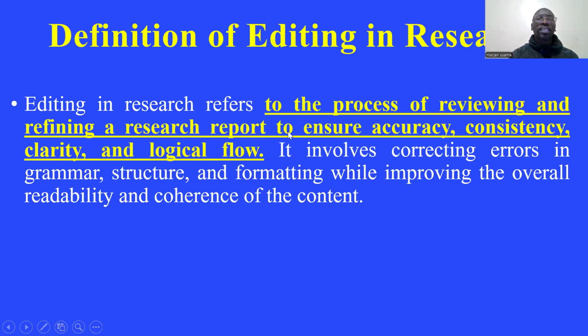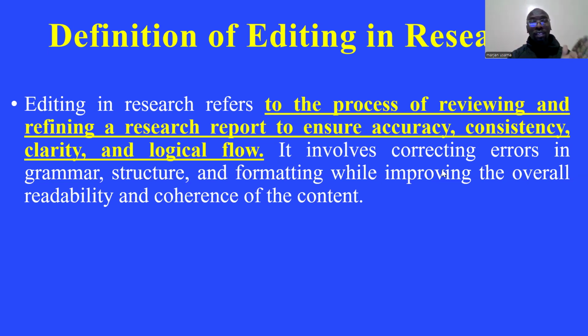So improving a research report to ensure what is known as accuracy and consistency. Consistency basically is related to coherence, or consistency means sticking to one style. For example, if you are using Times New Roman, font size 12 in your research, then there needs to be some consistency from chapter 1 to chapter 5.